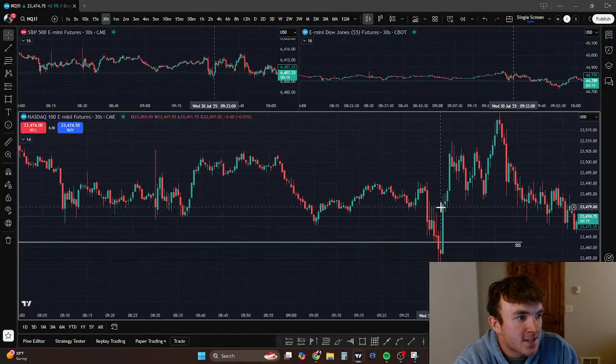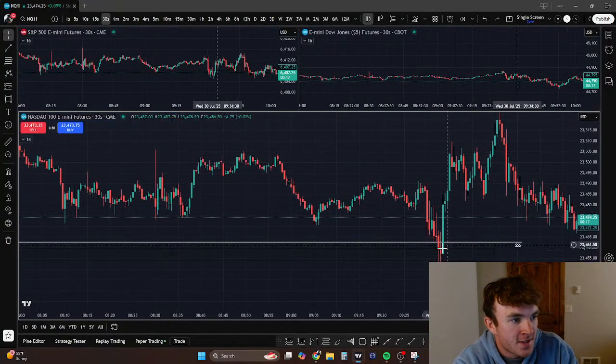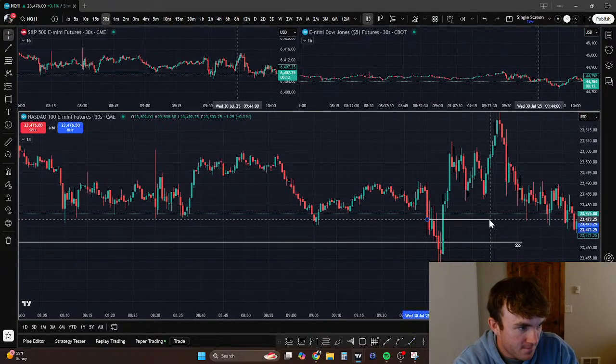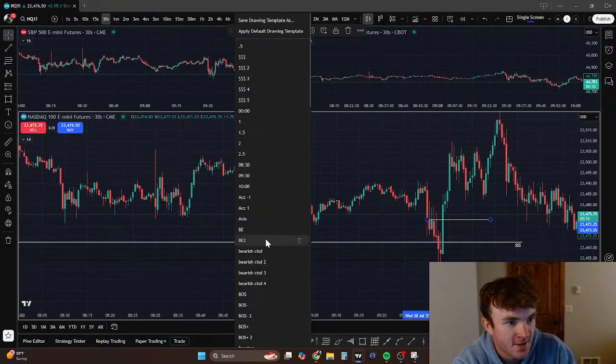You can see this 30-second change to delivery would have at least hit TP1 and TP2. So 30-second change to delivery. I would enter on the retest of the wick.